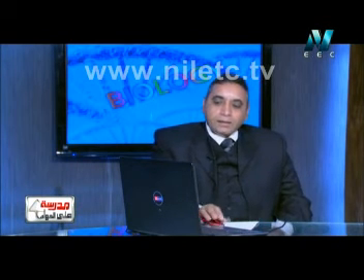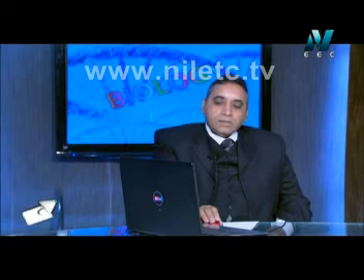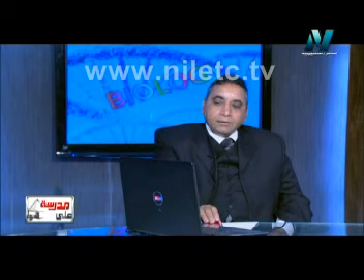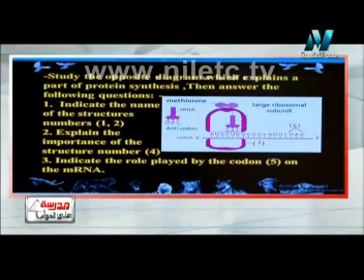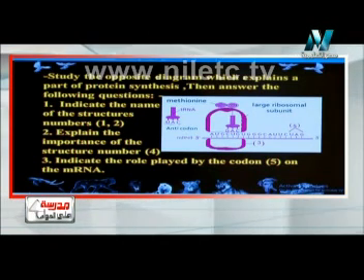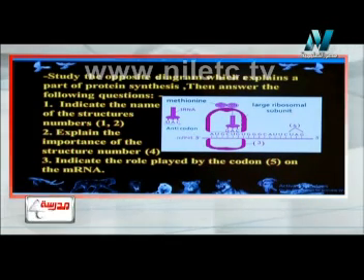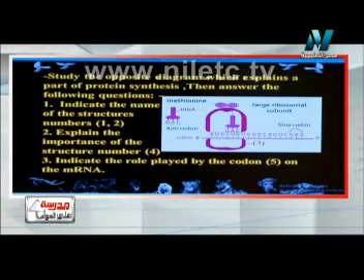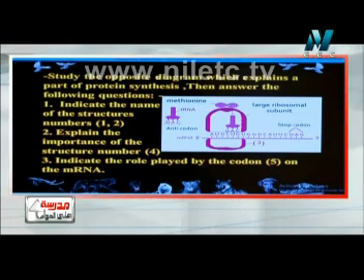The part number 3 of the question indicates the role played by the codon 5 on the mRNA. The codon 5 is the UAG. UAG acts as the stop codon.